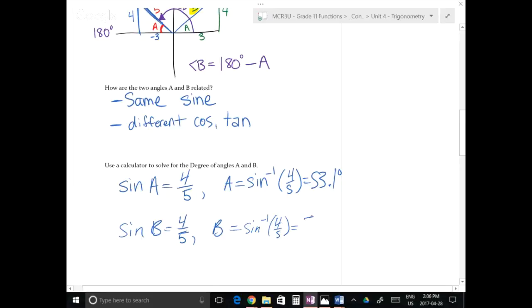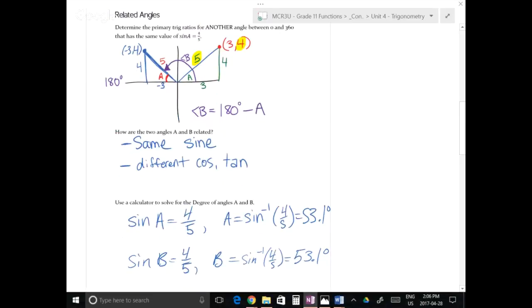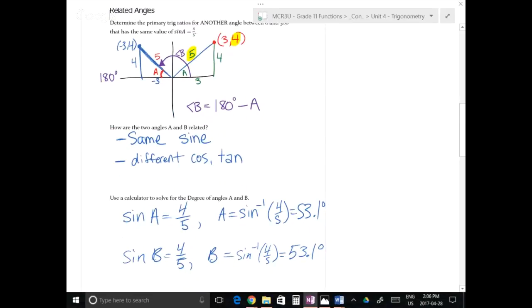Oh, no. Are these both right? Yeah. This angle isn't actually 53 degrees. We know that it's actually 180 minus 53. Why doesn't my calculator know that? Because if there's an infinite number of angles that it could be, how many answers do you expect your calculator to give you?